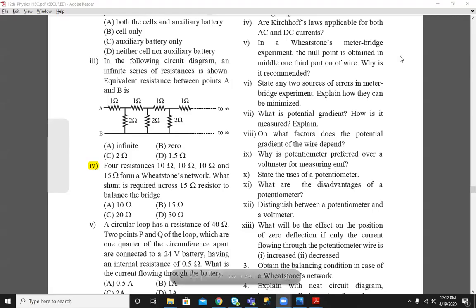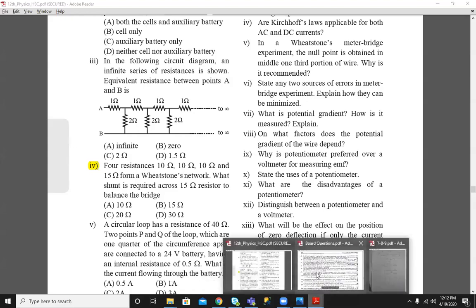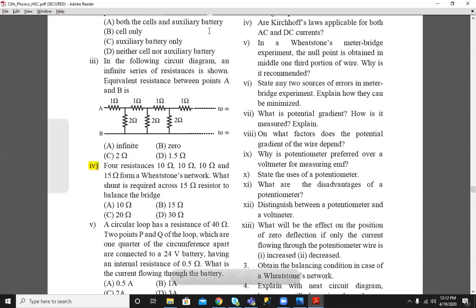What are you going to get? Infinity. Okay, so let me show you.